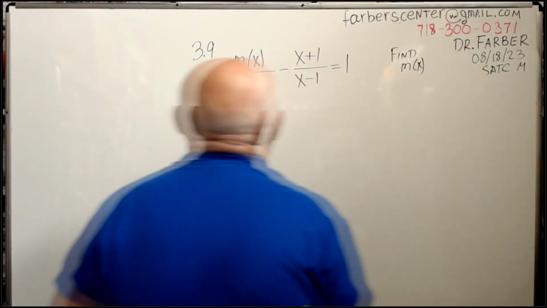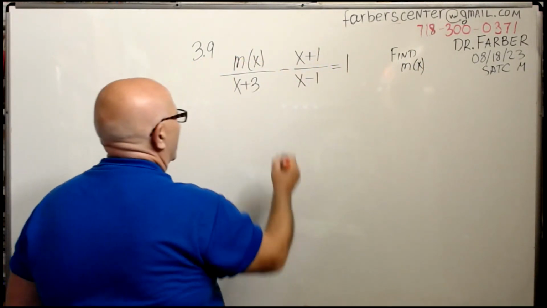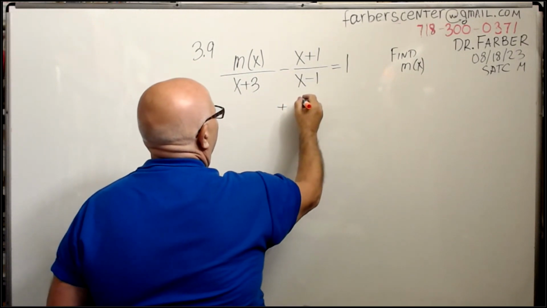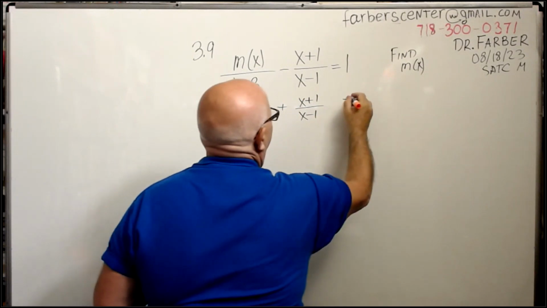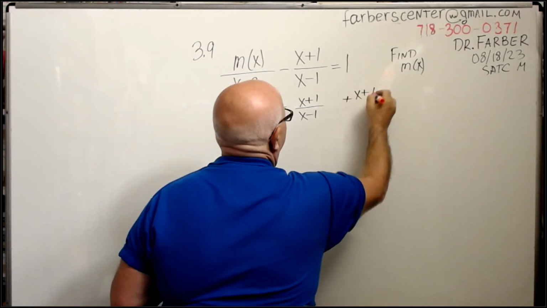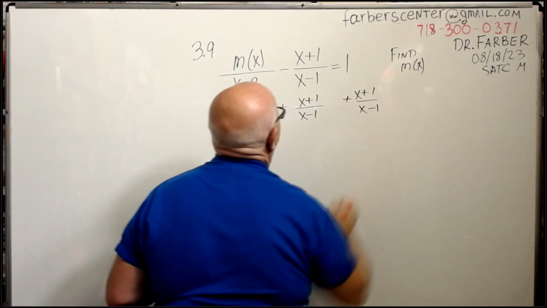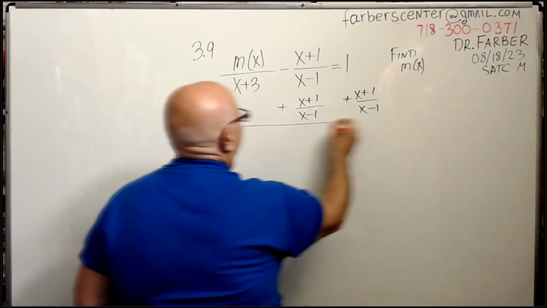Well, isolate variables. Plus (x plus 1) by (x minus 1) on both sides. What you'll get?